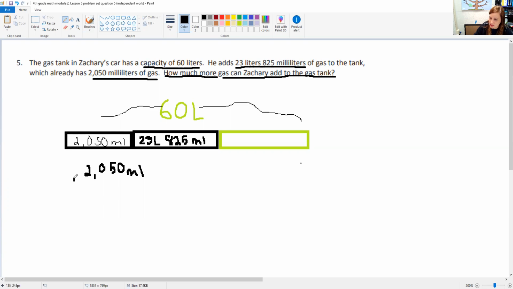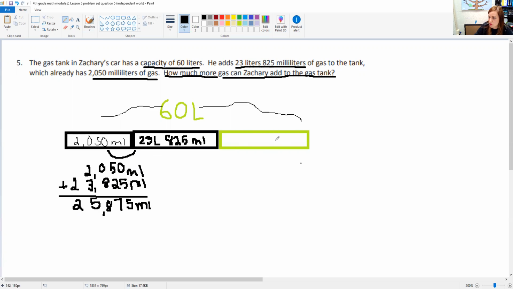So I can just convert that to 23,825 milliliters, just to make it easy to add it together as long as it's all lined up. So I'm going to say 0 plus 5 is 5. 5 plus 2 is 7. 0 plus 8 is 8. 2 plus 3 is 5. And I'm going to bring down my 2. So right now I know that these two together is 25,875 milliliters.